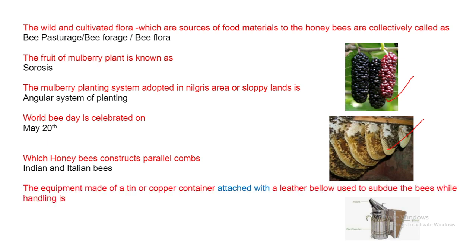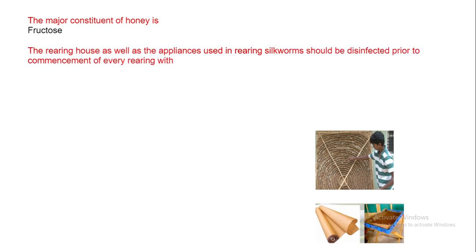The equipment made of a tin or copper container attached with a leather bellows, used to subdue or calm down the bees while handling, is known as a smoker. The major constituent of honey is fructose.